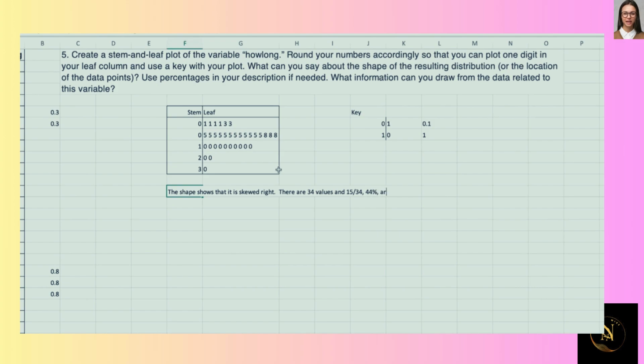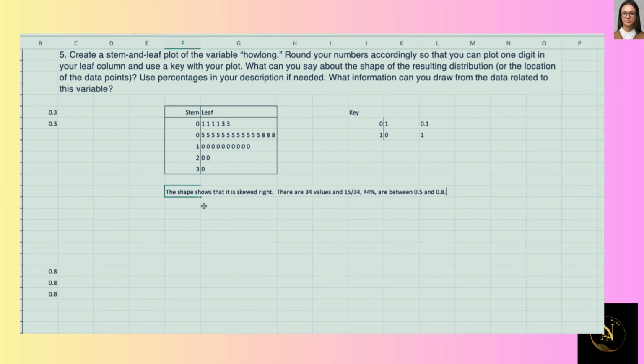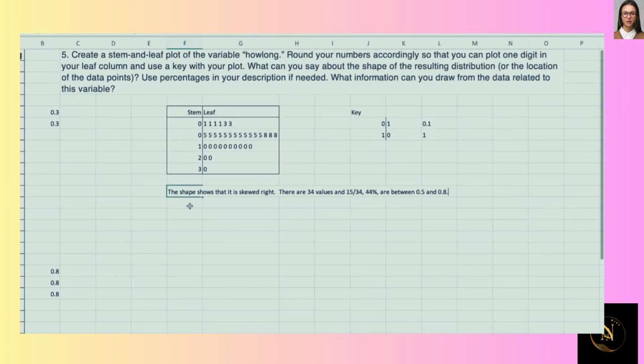So 44% are between 0.5 and 0.8. So that's this first one.